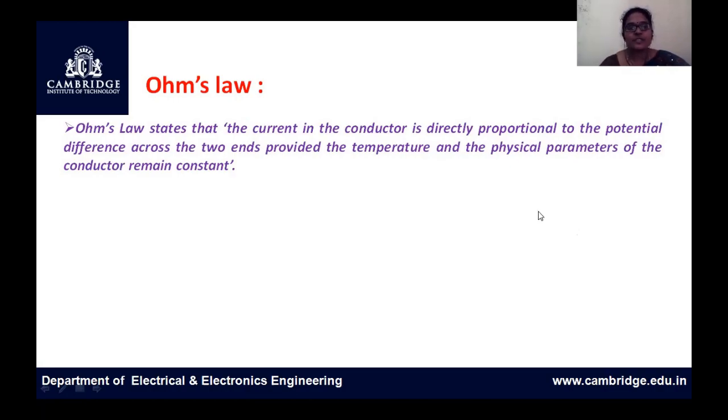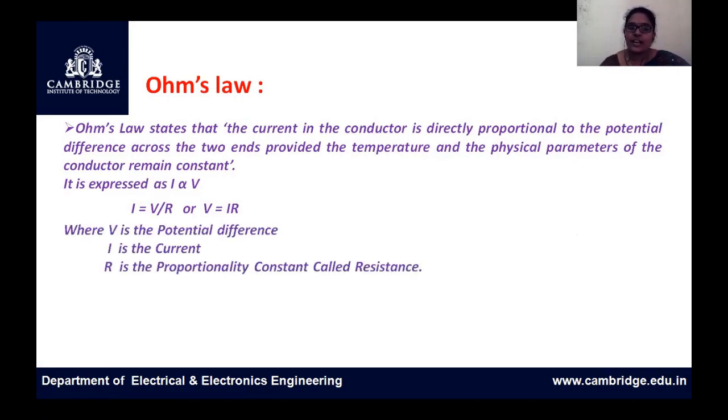Therefore, we can express Ohm's law mathematically as I proportional to V, which can be written as I is equal to V by R, where R is the proportionality constant. Similarly, we can write it as V is equal to IR, where V is the potential difference between the two ends of the conductor, I is the current flowing through the conductor, and R is the proportionality constant, which we call resistance.